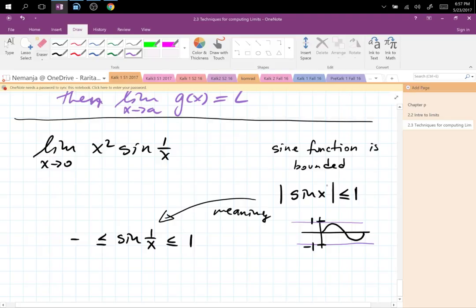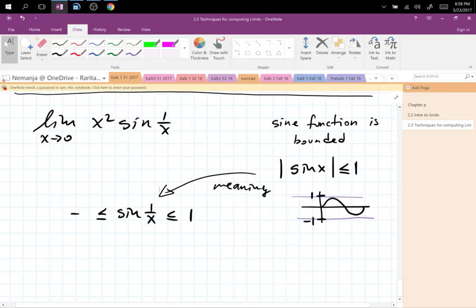Now I have sine of x over here, I have sine of 1 over x. You can have whatever you want here, it doesn't matter. Once you compute the function, when you take sine of that value, you will get a value between -1 and 1. So we don't concern ourselves with what's here. It's completely unimportant. You just copy whatever you have.